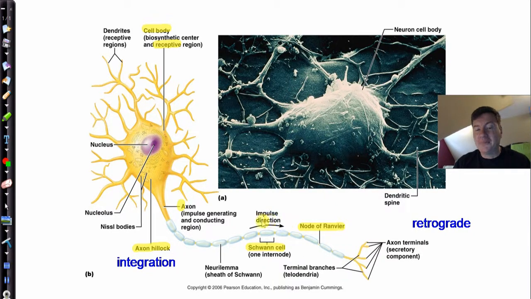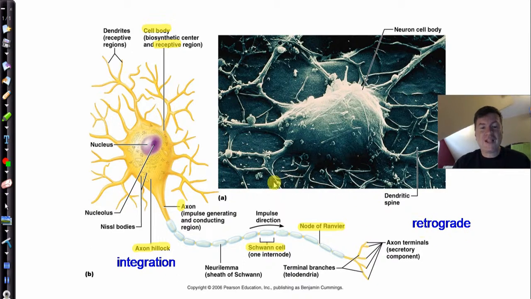So unlike impulses, which travel this way, follow the cursor, these materials travel back that direction. I mention this only because there are some diseases like polio and herpes and the tetanus toxin that have figured this out and actually travel backward and cause damage to our neurons because they're traveling in a way they're not supposed to travel.